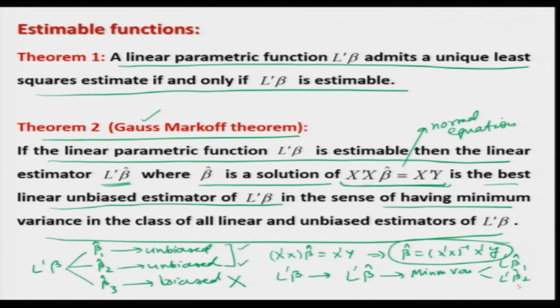So, in very simple words, if you have a linear parametric function and you want to estimate it, simply use the ordinary least square estimator of the parameter vector, and you will get an estimator which has the minimum variance in the class of linear and unbiased estimators of that linear parametric function.